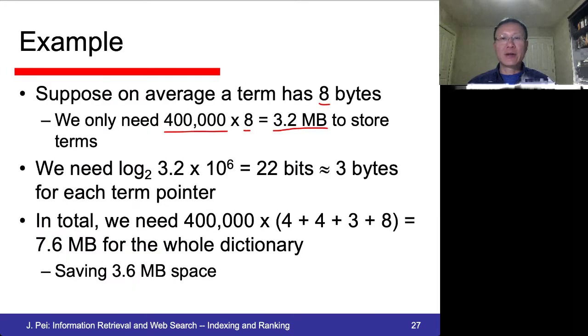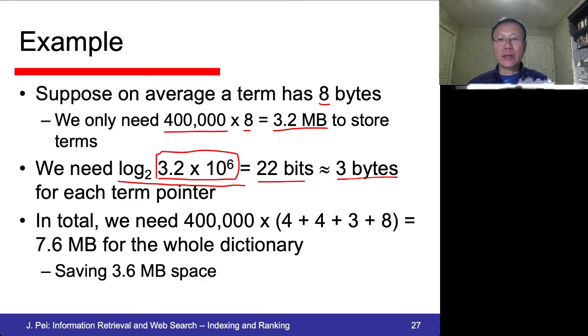Of course, we still need to store the pointers, which are the address space for those terms. If we use binary coding for that, we need log2 of 3.2 times 10 to the power of 6, which is 22 bits, about 3 bytes for each term pointer. Sum up these two numbers.